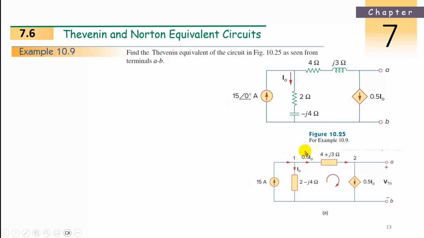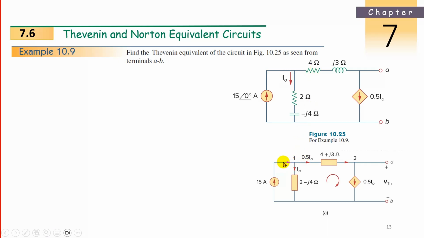What is leaving? The current is the same because it's an open circuit, so current will go from 4 plus j3 to 0.5 I0 and come back here. I0 is already given here. So I0 is outgoing, and 0.5 I0 is also outgoing.